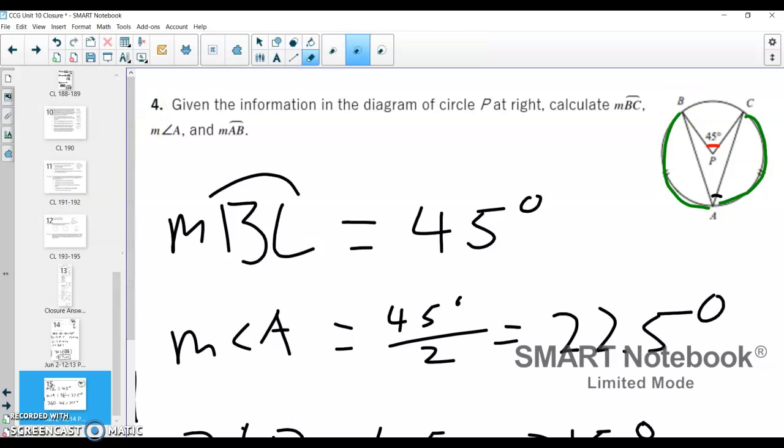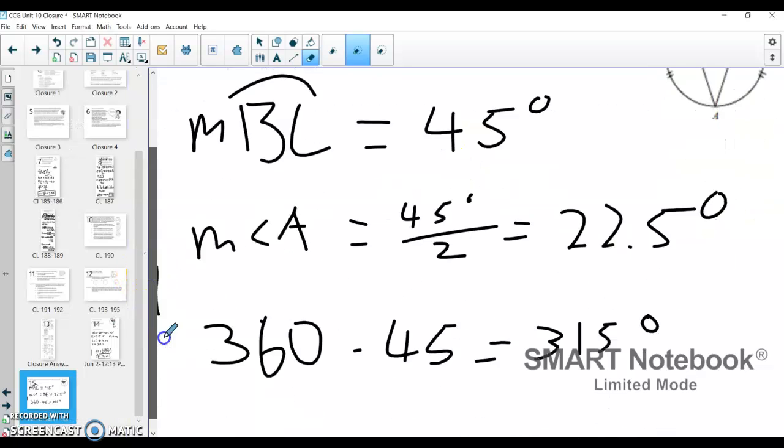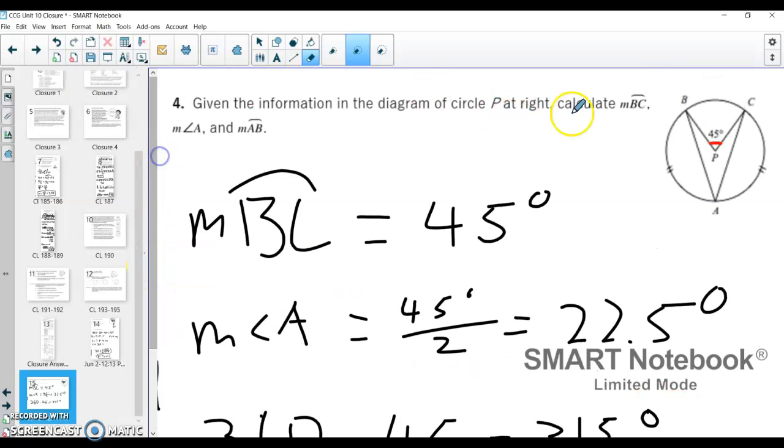Now, because these two sides here are equal, this green one and this green one that I just erased, I'm going to split the remaining 315 degrees evenly to this portion right here and this portion right here. And by split evenly, I just mean it needs to be divided into 2 equal parts.